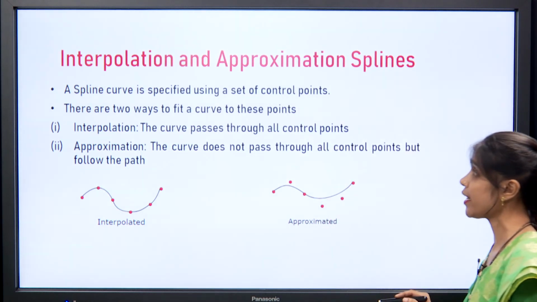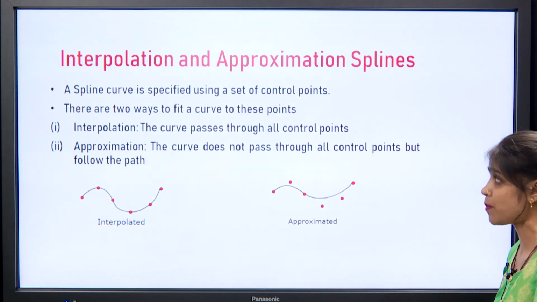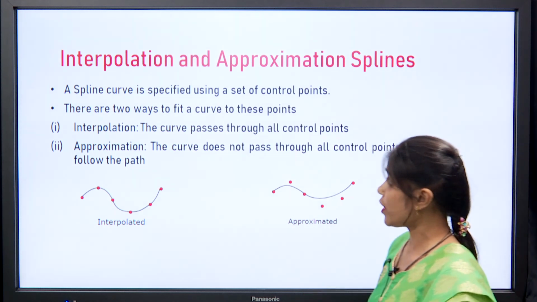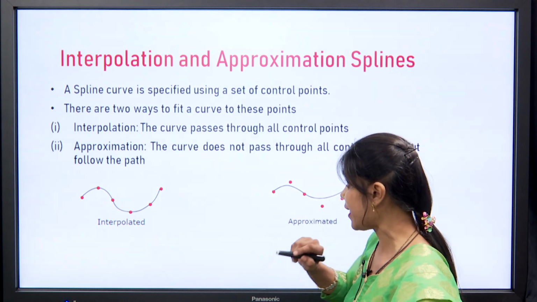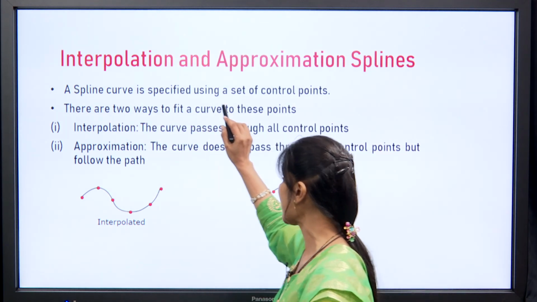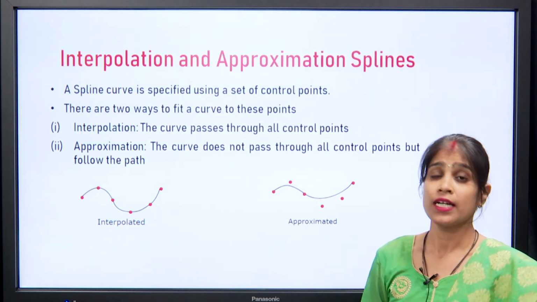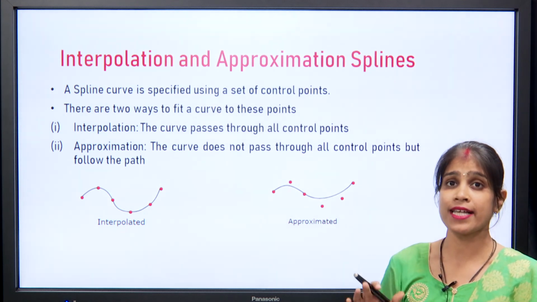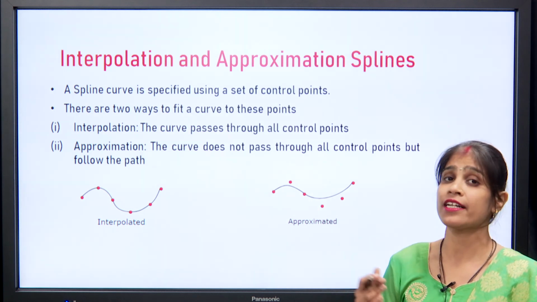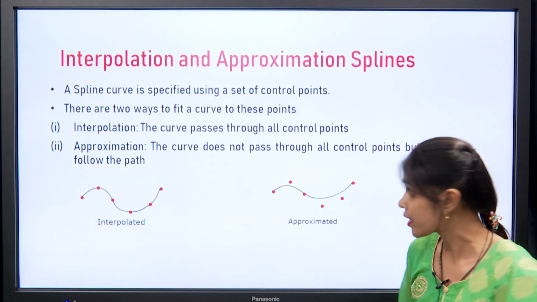Next we come to the topic of interpolation and approximation splines. What are interpolation and approximation splines? A spline curve is specified using a set of control points. Now what are control points? Control points are basically a set of coordinate positions that define the general shape of the curve.